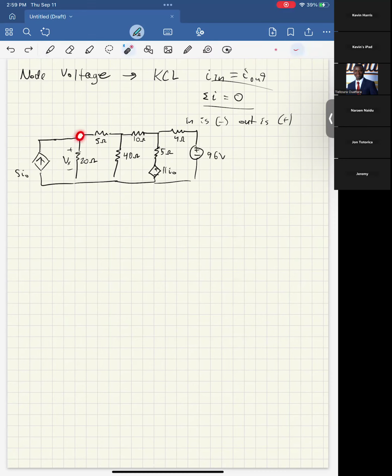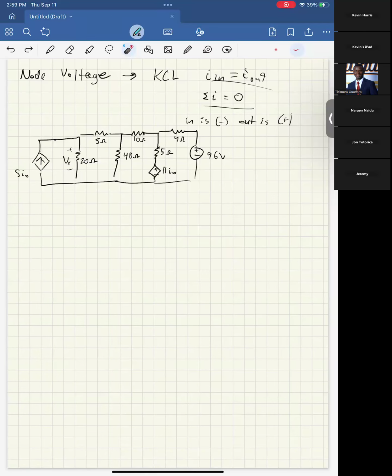So here, here, and here, pretty much. And we can write KCL equations for each of those, and then we should end up with three equations and three or fewer unknowns, and then you can solve for all the values you want.